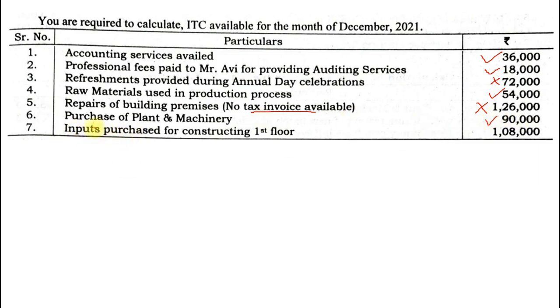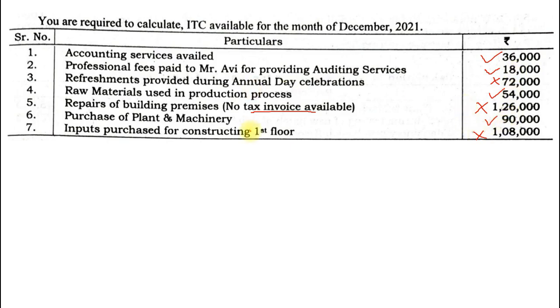Input purchase, that is material purchase for construction. Remember, when you're purchasing anything for construction other than plant and machinery, nothing else can you get availment of ITC. So input of raw material for construction, no, on that also no. So basically you have 36,000 plus 18,000 plus 54,000 plus 90,000, which comes to around 1,98,000. That will be the value of ITC.